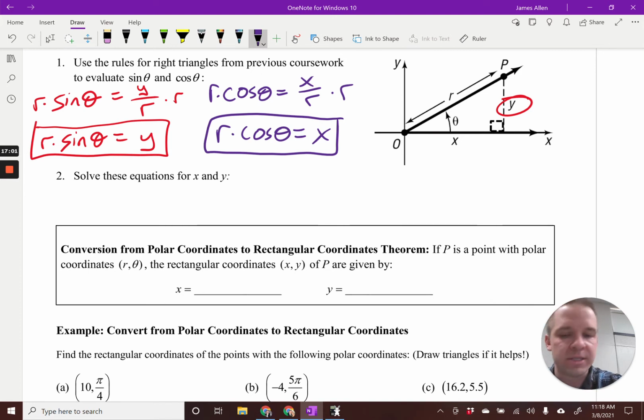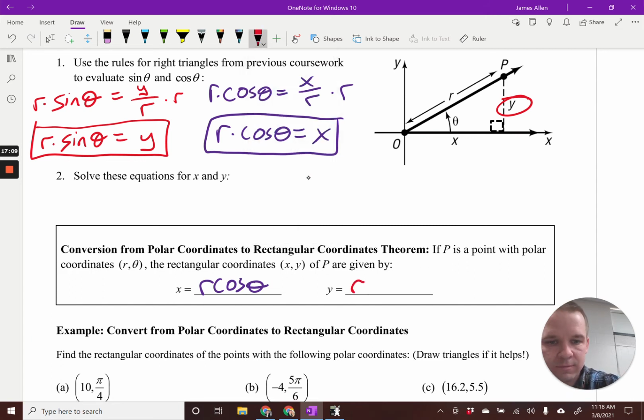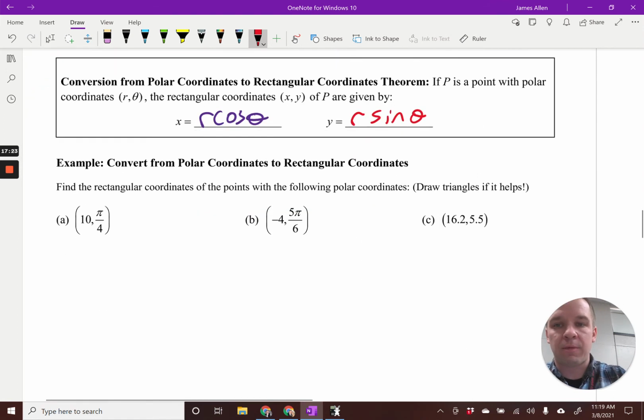So I've got r cosine theta for x, and r sine theta for y. Cool. I like it. We're going to use this in our conversion process. There's ways to do it visually, graphically. We'll look at that, and we'll also connect that algebraically using these formulas on the next couple problems.